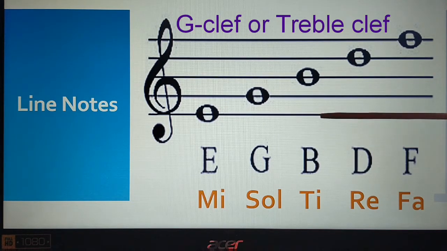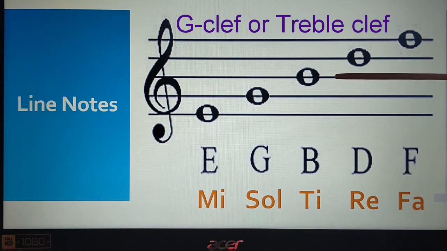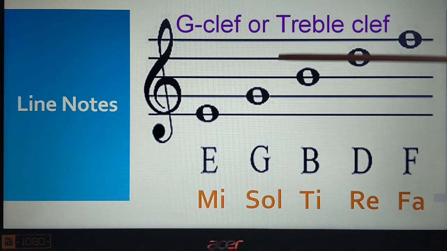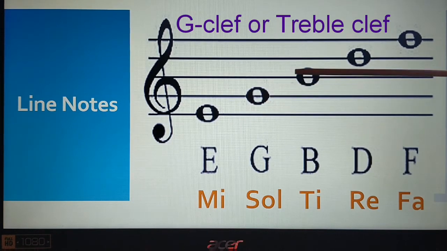So E on the first line, G on the second line, B on the third line, D on the fourth line, and F on the fifth line. Always read from the bottom to the top. So mi, sol, ti, re, fa.